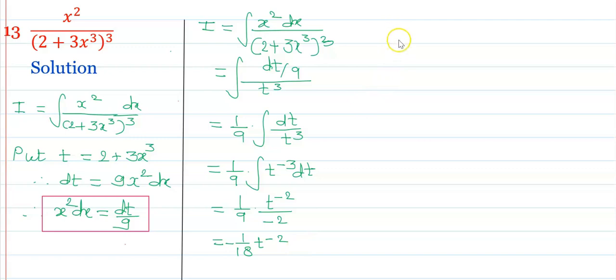Okay. Therefore I is equal to minus 1 upon 18 into 1 upon t square.